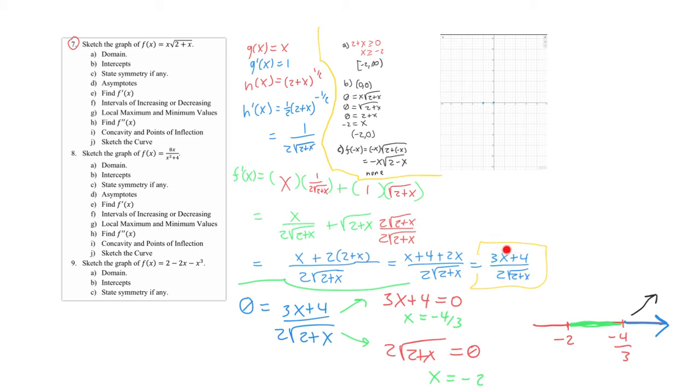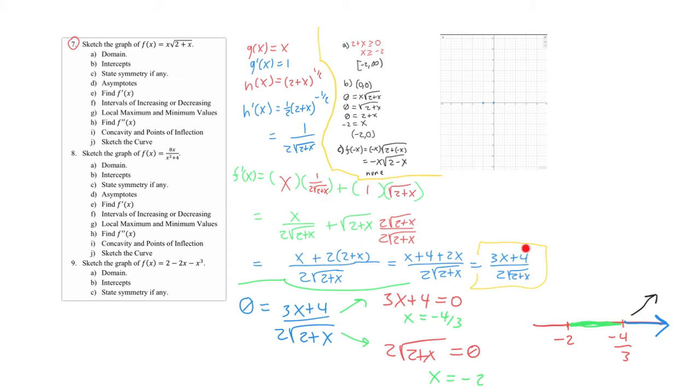Okay, so 3 times -3/2 plus 4 would end up being a negative number. And then down here, we would have 2 times radical 2 plus -3/2, which is really the same thing as 2 minus 3/2, which is really the same thing as 2 minus 1 1/2, which is really just radical 1/2.